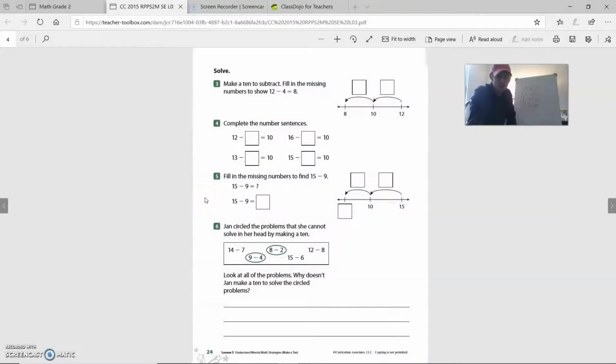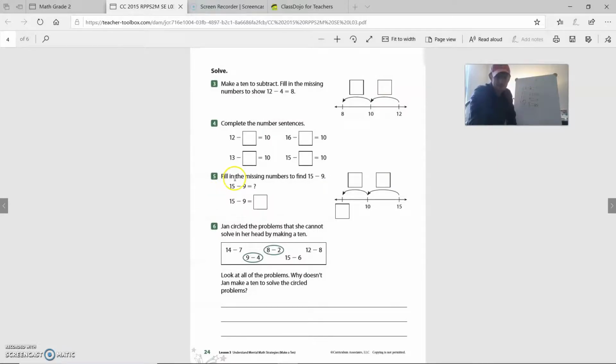Moving on to number 5. Number 5 says, fill in the missing numbers to find 15 minus 9. And they give us a number line to help start us out. So I'm going to copy their number line. They go from 15 down to 10, down to another number.